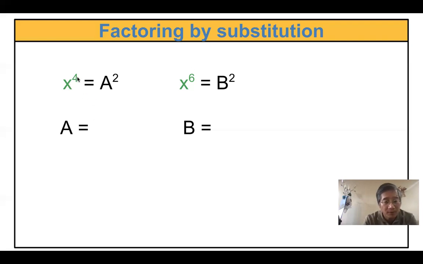It's half of the power. Because a squared is x to the fourth power, a is half of this power. So a is x squared. Makes sense? Then if x to the sixth power is b squared, what can you say about b? b is half of the exponent again.